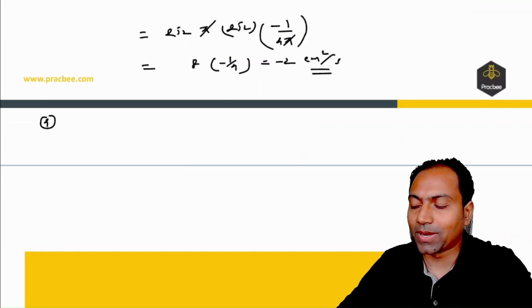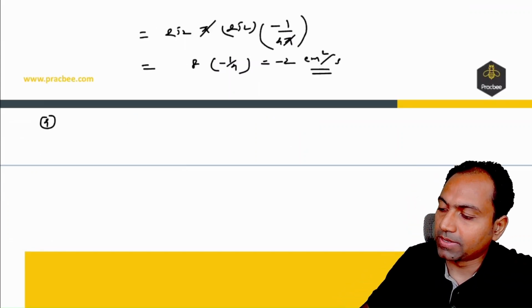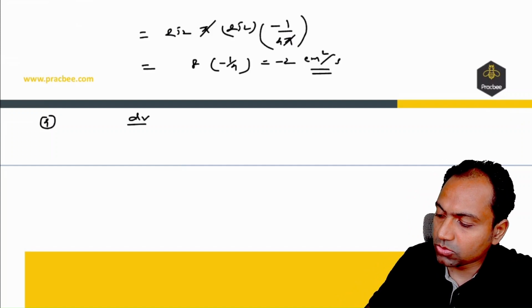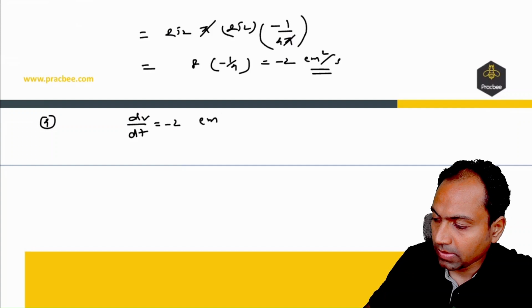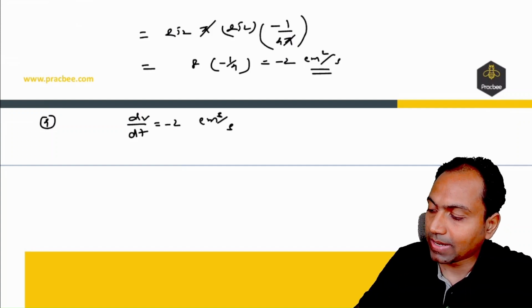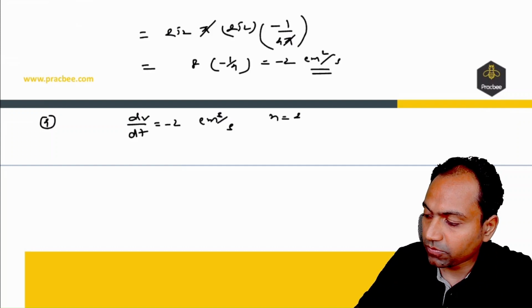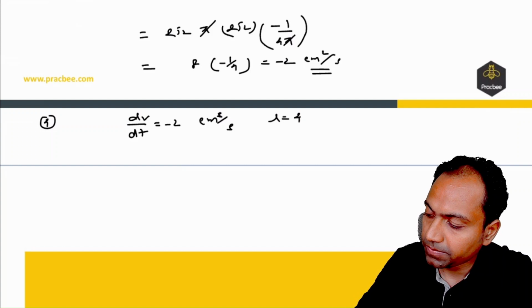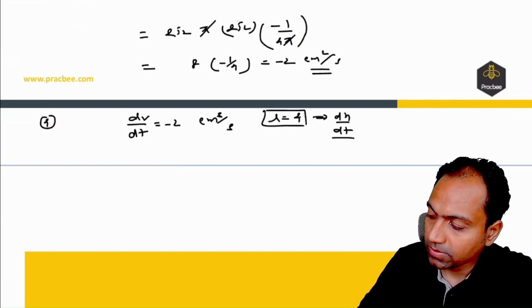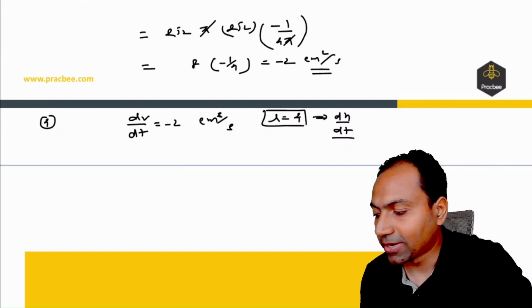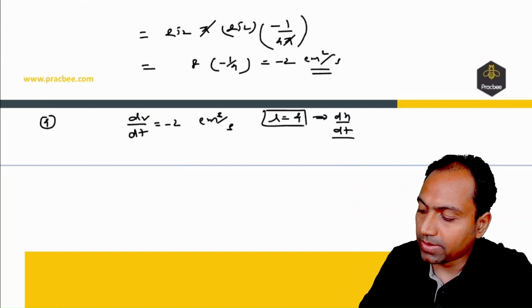Now in the fourth part, what they're asking is, when dv by dt is minus 2 cubic centimeter per second, at the point when h becomes 4, L becomes 4, the slant height is 4, what will be the value of dh by dt? So what we are going to do in this scenario specifically is write the volume.